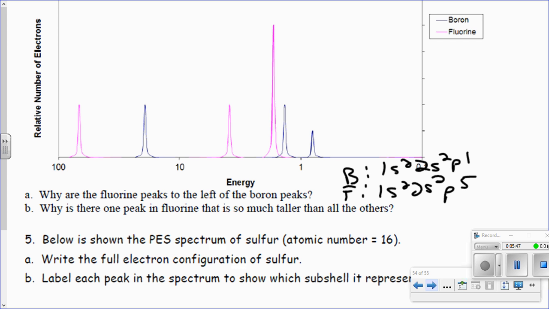So notice we have our fluorine here, fluorine, fluorine, boron, boron, boron.